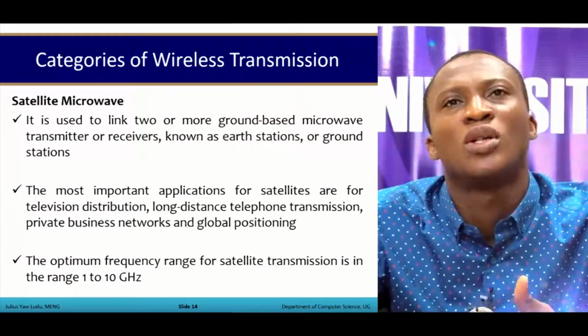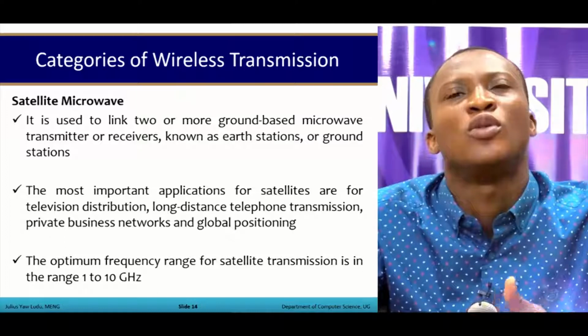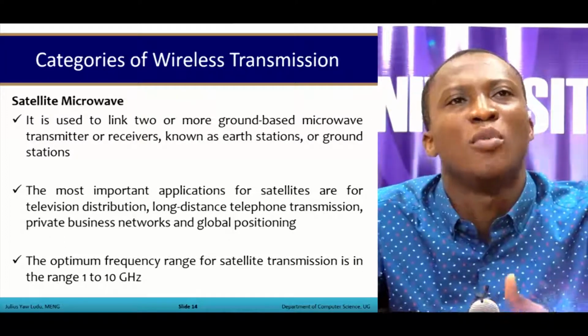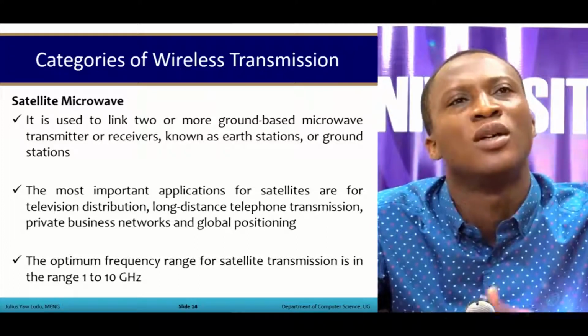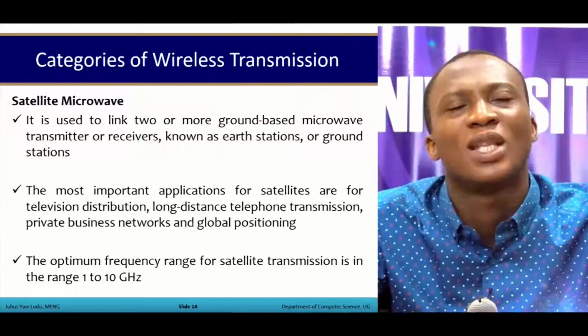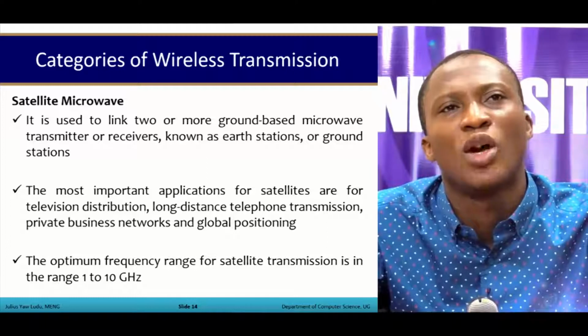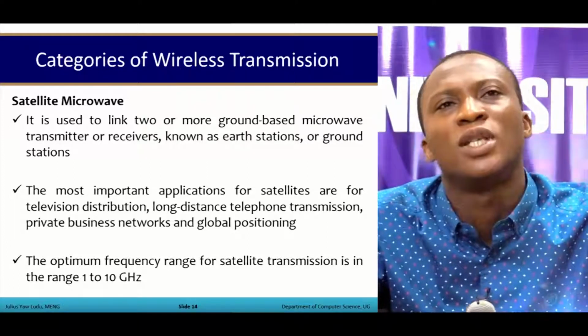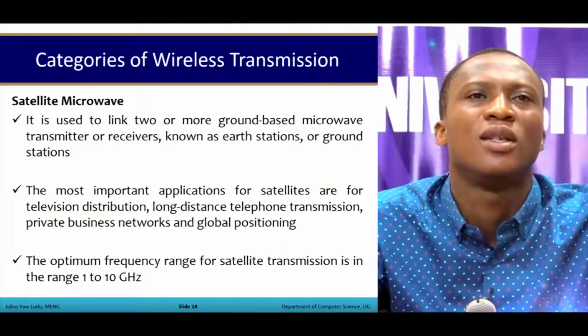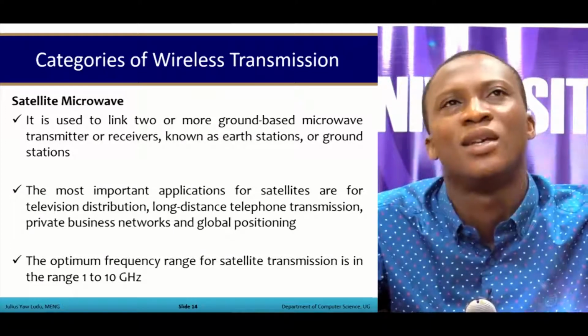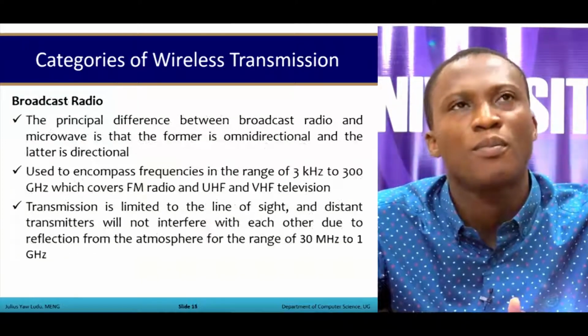Long distance telephone transmission and private business networks also use this, and global positioning also makes use of satellite microwave. The optimum frequency range for satellite transmission is 1 to 10 gigahertz.